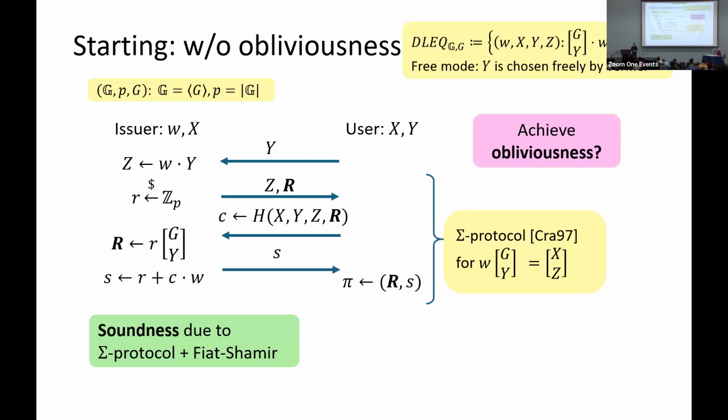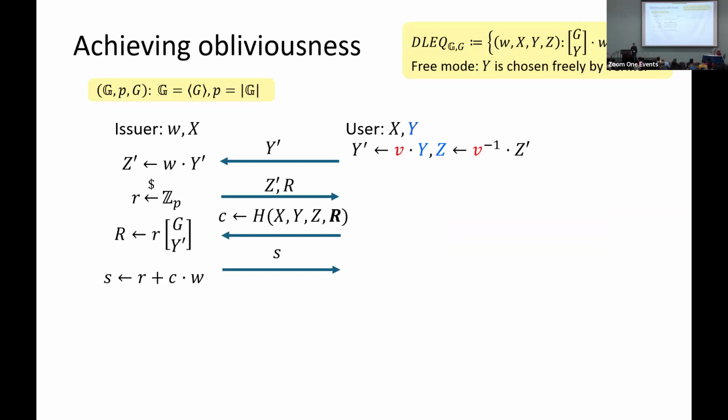And then we want to see how to achieve obliviousness. First of all, to hide Y, the idea is that we can multiply the Y by a random mask, resulting in Y prime. Then we send this Y prime to the issuer, and the user can recover the correct Z from Z prime by dividing out the mask.